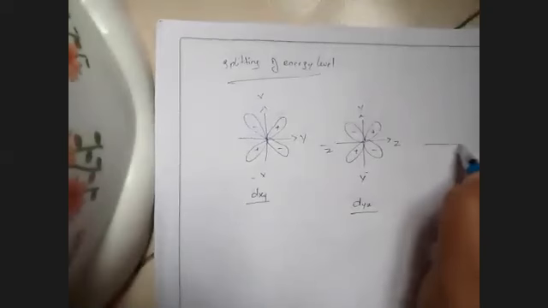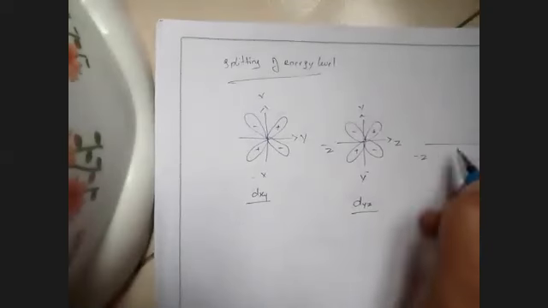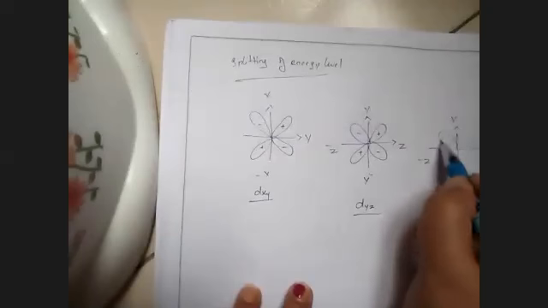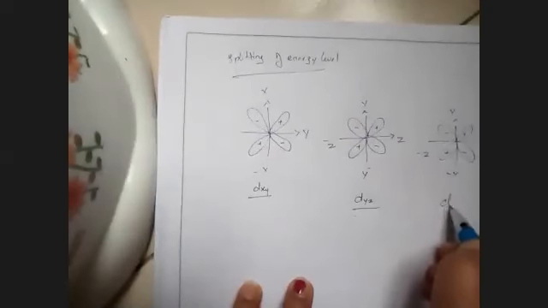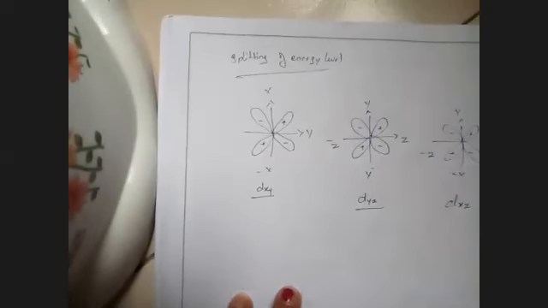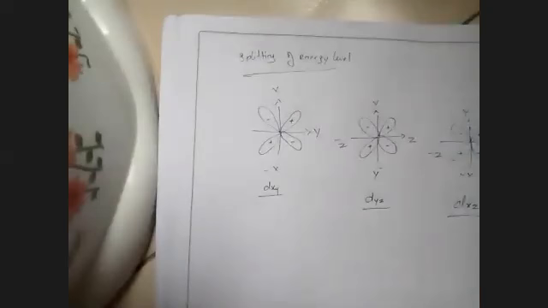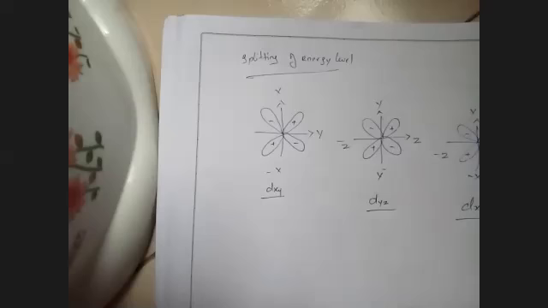Okay, and as usual you know that d has 5 subshells. So this is called dxz. Can you able to see all three?